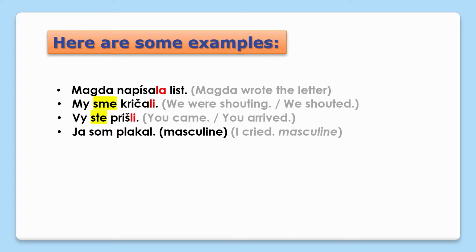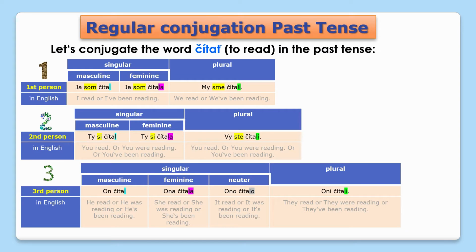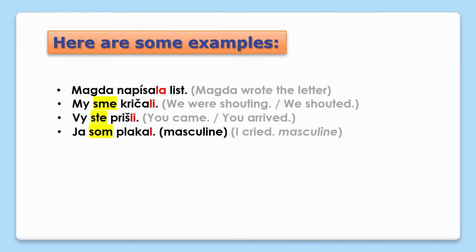Ja som plakal. It's first person singular, masculine. We need to use the suffix l and the auxiliary verb som. Ja som plakal.